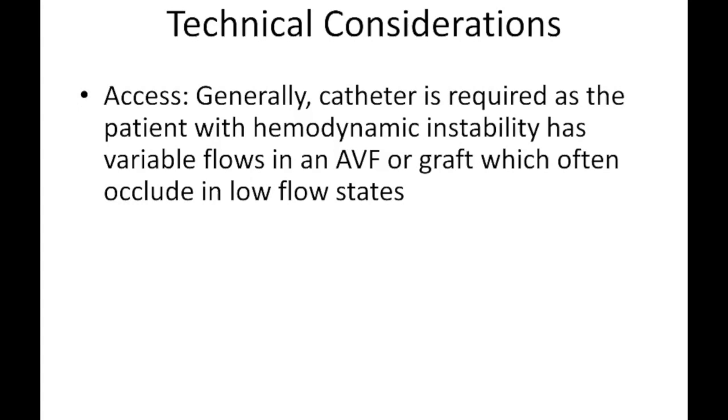And it's extremely difficult to get a patient to keep their arm in one single position. It's probably not a good idea, as the needles that are placed in a fistula or graft can move about and cause infiltrations and bleeding, and difficulties and problems with the therapy if the patient moves. And so a catheter is usually required for CRRT.